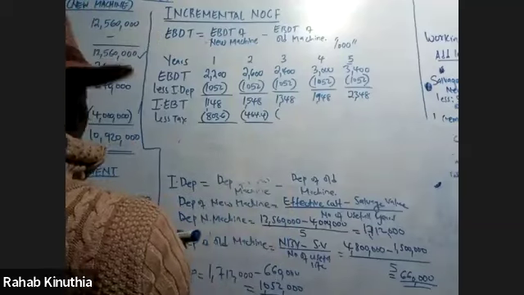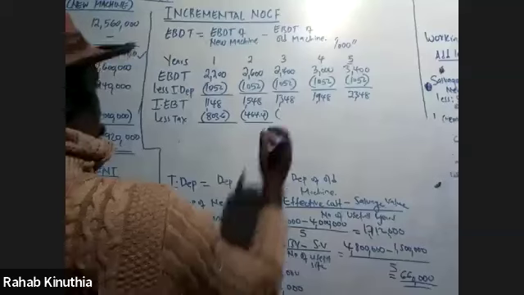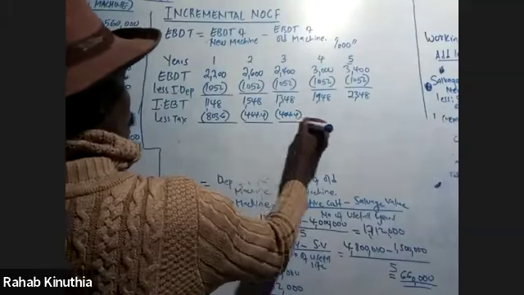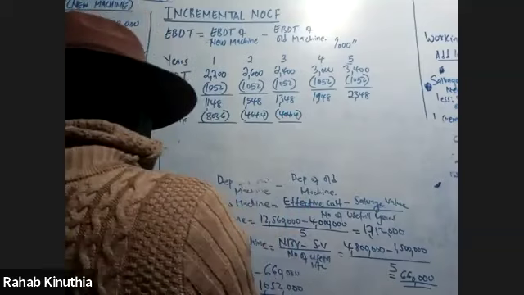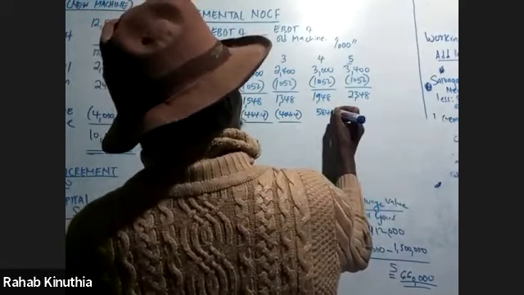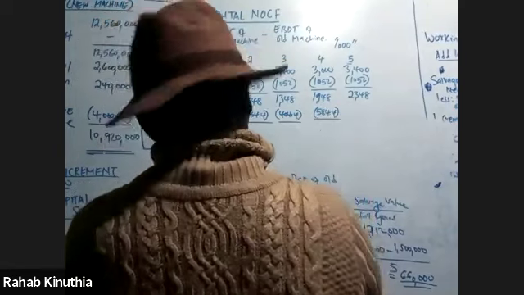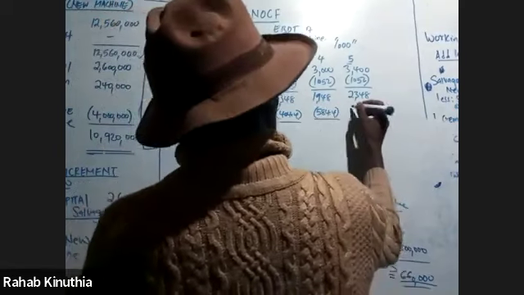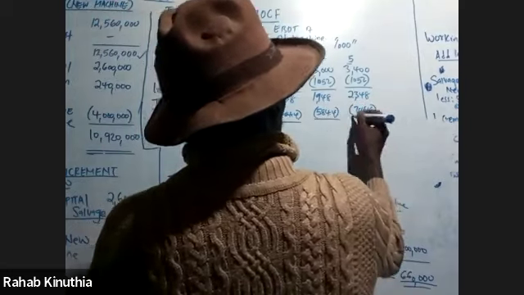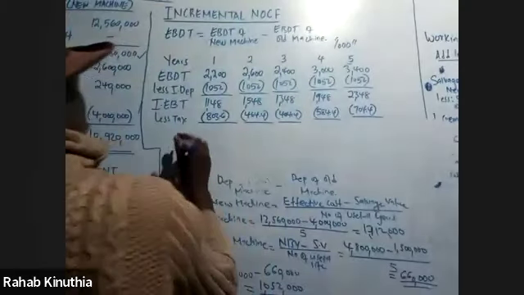And then 30% of 1348, 44.4. Then 30% of 1948, 584.4. Then 30% of 2348, that was 704.4.